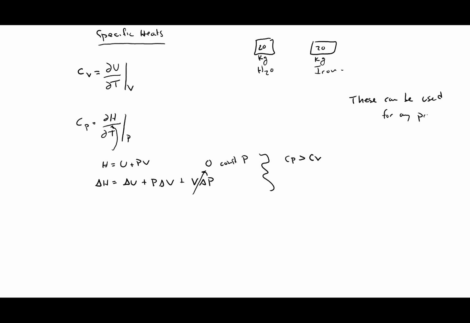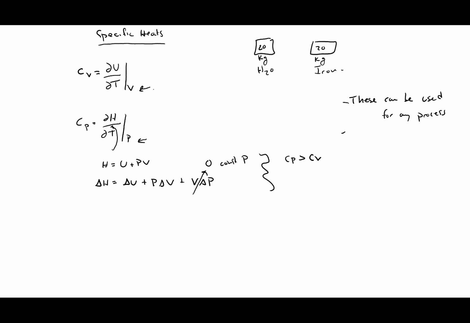The reason why they're called C sub V and C sub P, for constant volume and constant pressure, is because that's how they're calculated. So this is just specifying how the derivatives were taken, but they're valid for any process.